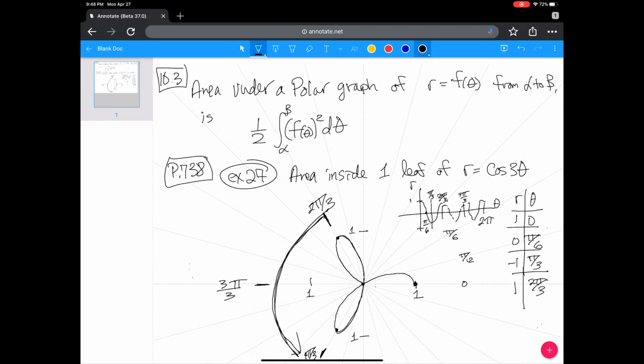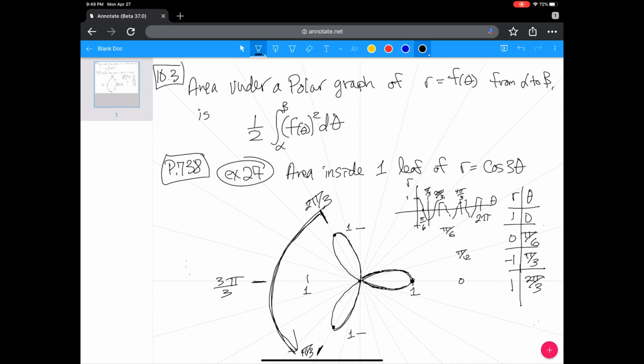And as I continue, I'm going to go back out until I get back out to the 1 here. And then I'm going to go back in, but I'm starting to retrace over the graph I already had now. And then I'm going to go back out to there. And that's where I will get when I finish at 4 pi over 3.